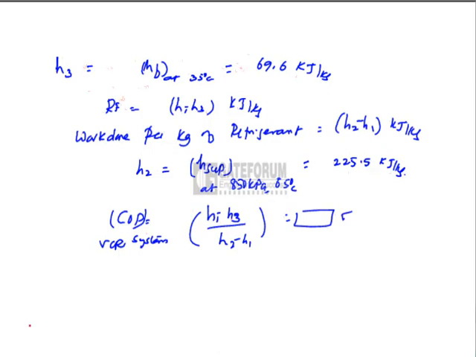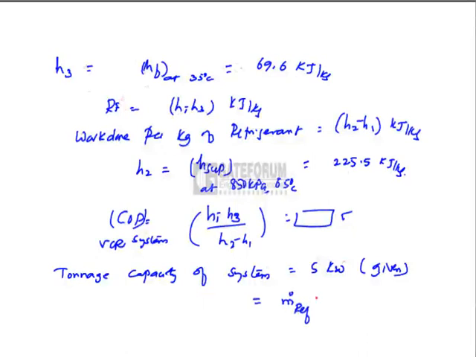Now, coming to the mass flow rate of the refrigerant, the tonnage capacity of the system is given as 5 kilowatts in the problem. Therefore, tonnage capacity is equal to mass flow rate of the refrigerant in kg per second into refrigeration effect in kilojoule per kg.